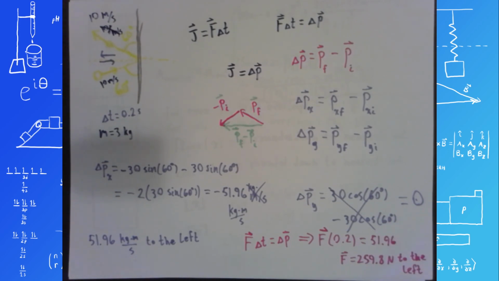But once you're done using your positives and negatives for that, I would just recommend to then take the magnitude, drop all usage of signs, and write out the direction in words.